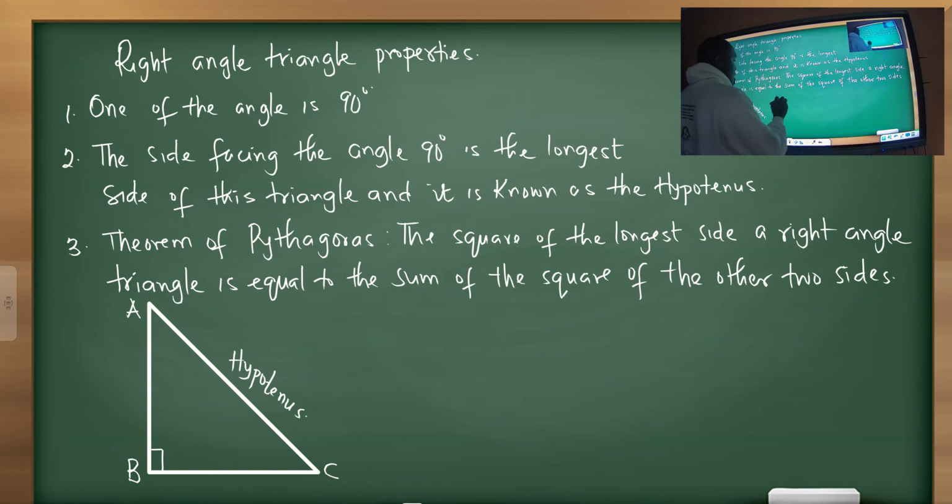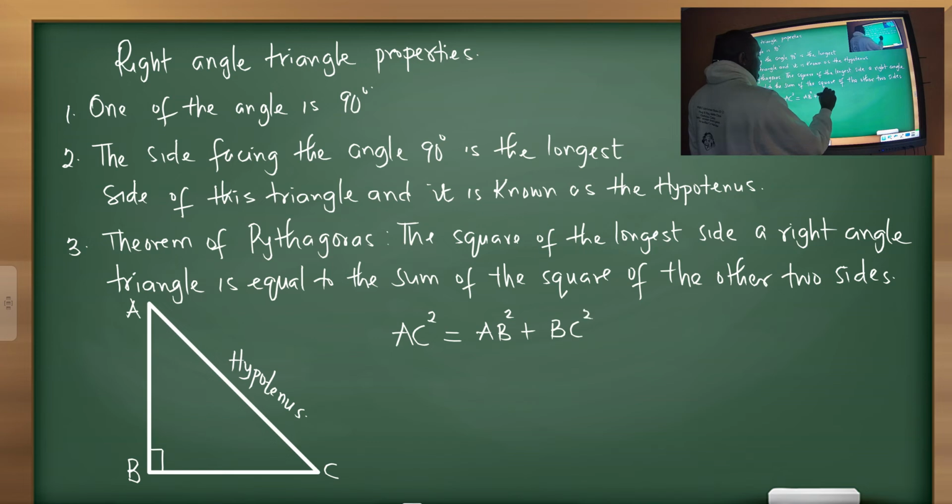We can therefore say that the square of the hypotenuse AC squared will be the sum of the square of both sides, AB squared plus BC squared. And with this, we can manipulate to get which of the sides just by using our mathematical algebra. So AC squared is equal to AB squared plus BC squared.